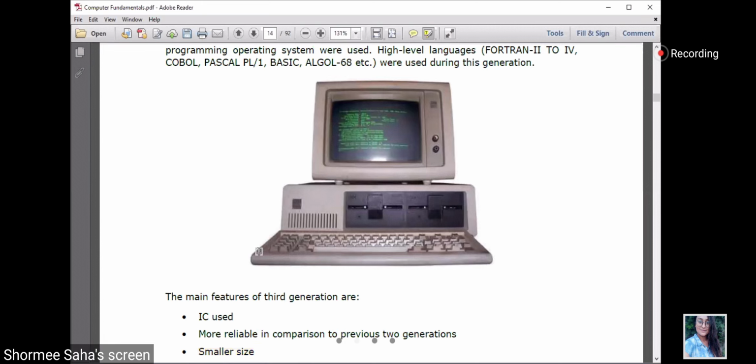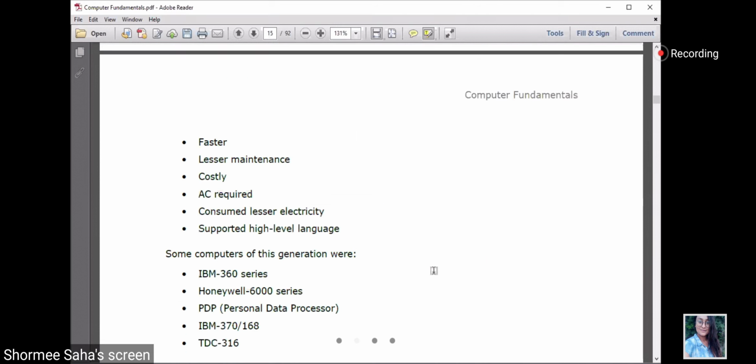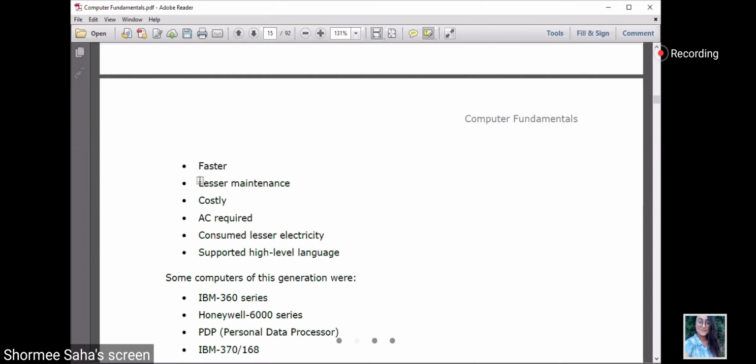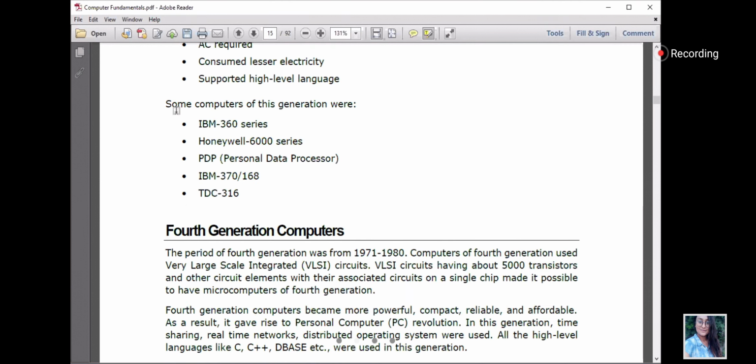Now see, they also developed a keyboard in the third generation computer, which was not available in the second generation. Now it's faster and maintenance is less, but it is costly. Third generation computers actually supported high level language. From the third generation, people tried to write the codes.